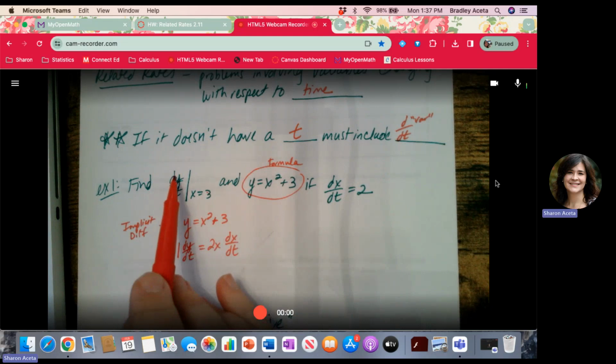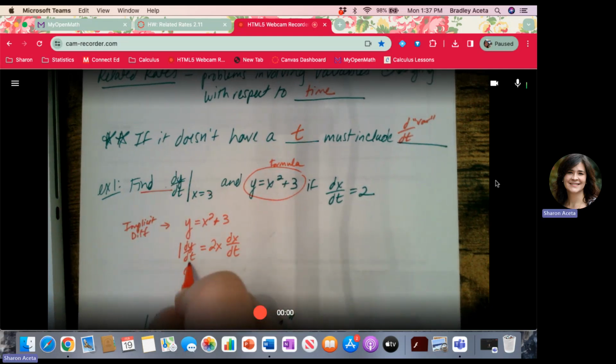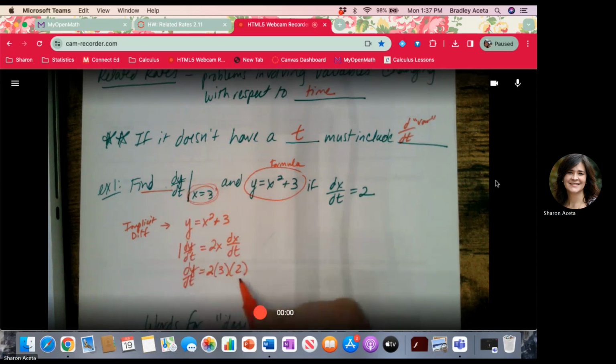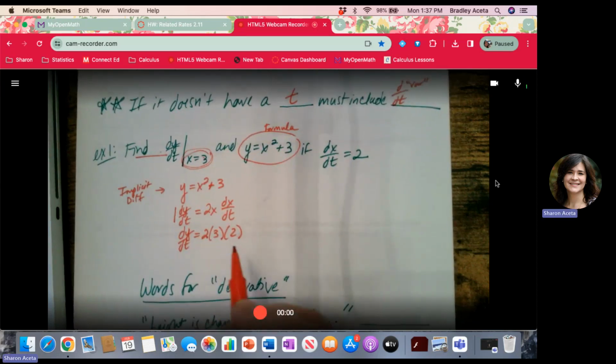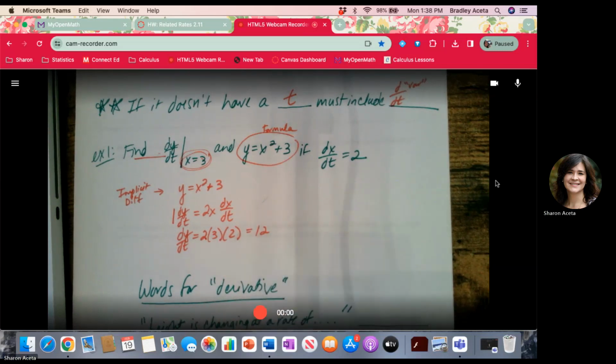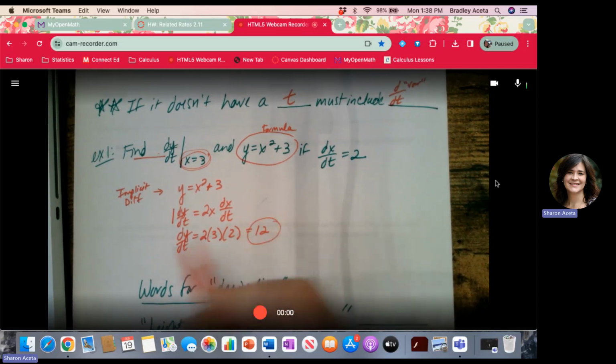And you're going to find dy/dt. 2 stays 2. x, they told us up here, x is 3. And dx/dt is 2. So that is my answer, 2 times 3 times 2, which is 12. And then you could put your units after that. But this is the general idea behind related rates.